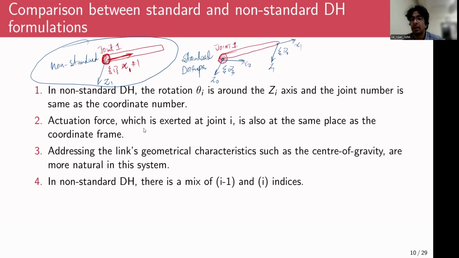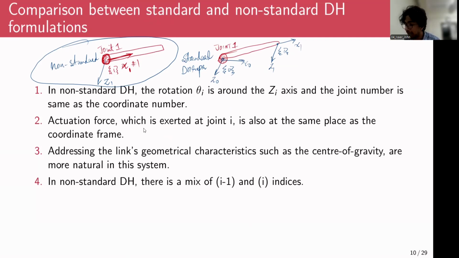But in case of a standard representation, if joint 1 is here, coordinate 1 is actually here. So to find out the forces acting on joint 1, you have to observe the forces acting on joint 0. So again, it's not really intuitive in case of standard representation, right? What this says is that the forces correspond to the same joint number as well.